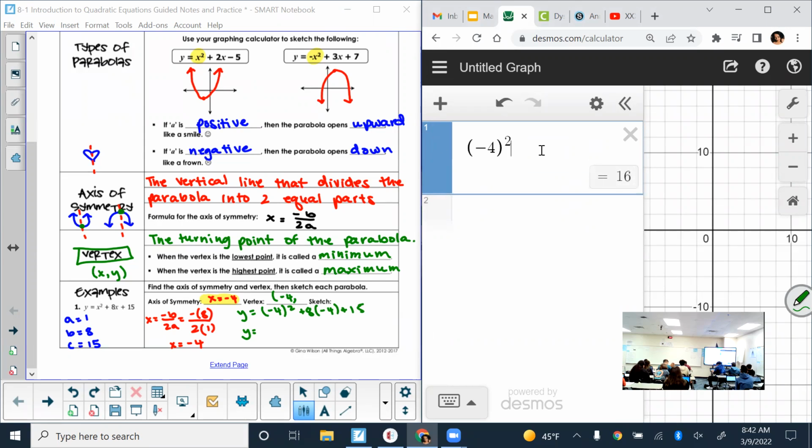So look at the screen right now. You have to put it in parentheses because look what happens when I take the parentheses away. It tells me that it's a -16. Is -4 squared -16? No. A negative times a negative gives me a positive, but the calculator reads it wrong.